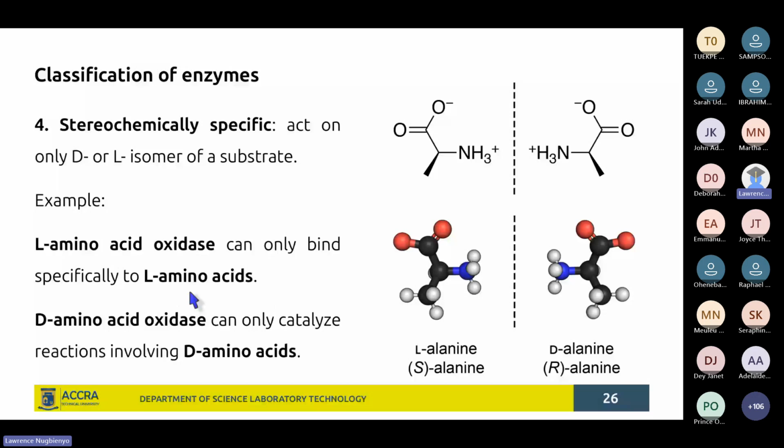You also have the D-amino acid oxidases, which will be acting only on the D isomer of the amino acid. So you have the L-amino acid oxidase, D-amino acid oxidase. This is what we refer to as stereochemically specific enzymes.